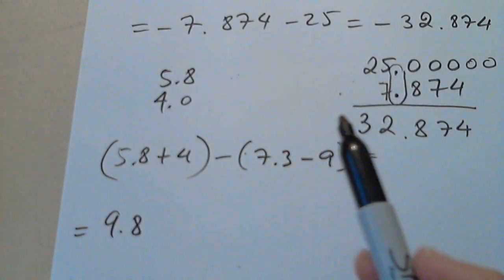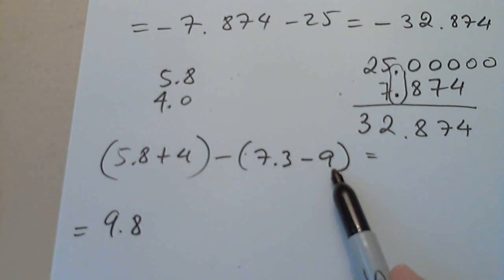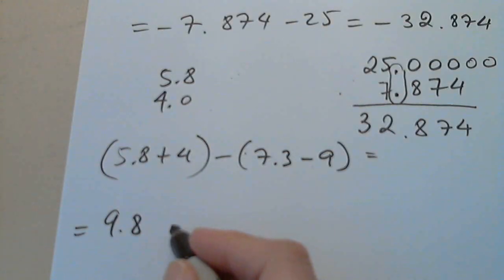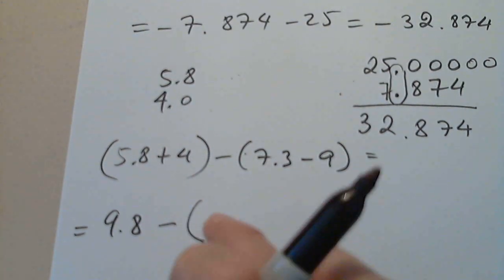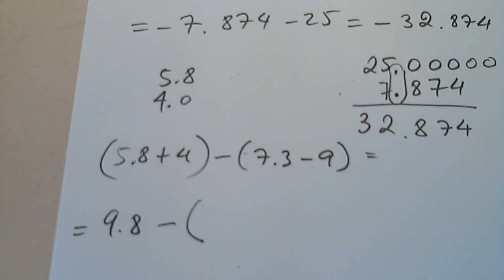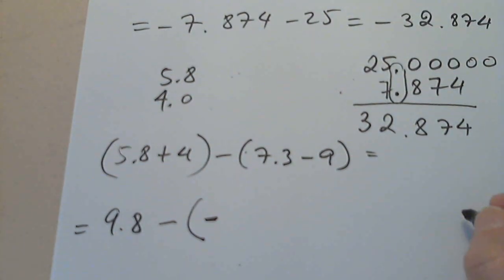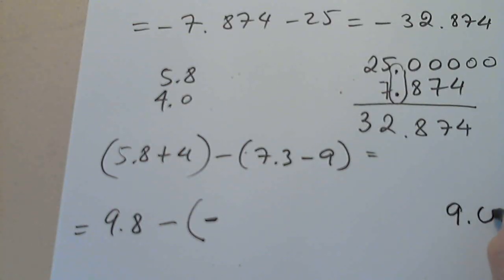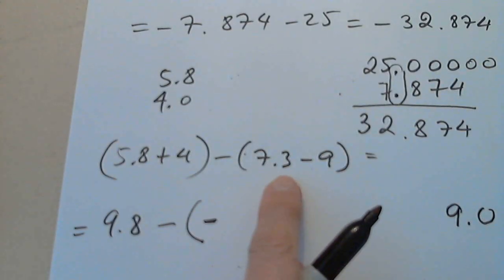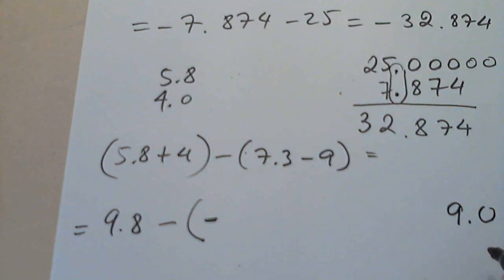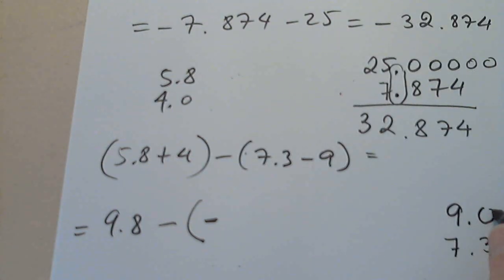Careful now. 7.3 minus 9: which one is more powerful? That one will dictate the sign inside. What is the sign inside? Negative. Yes. Now I have to subtract from 9.0. Why 9.0? Because there is only one decimal digit here. I have to subtract 7.3.